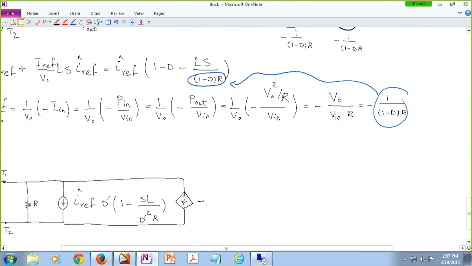negative Vn perturbed divided by d prime r. I just labeled 1 minus d to be d prime. Then on the right hand side we still have the same stuff.